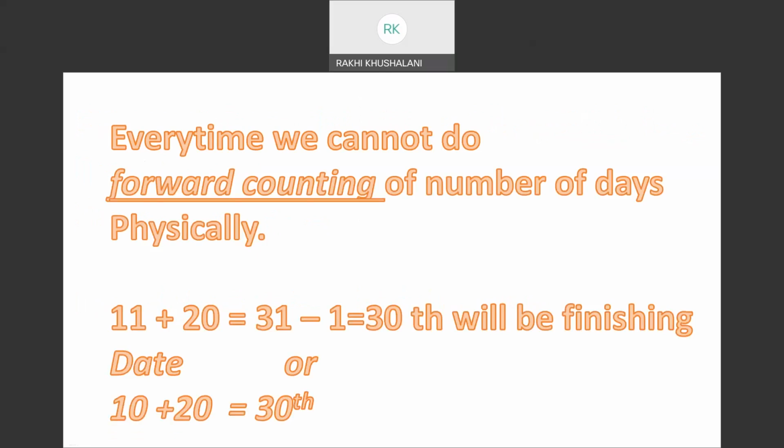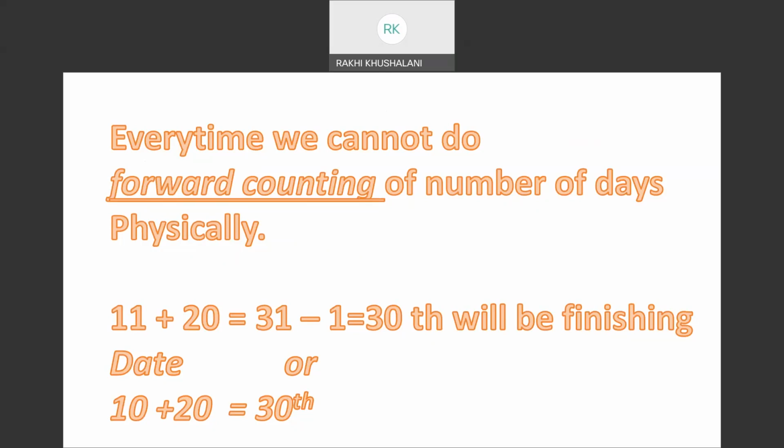So if I take the 11th date and add 20 days to it, I get 31 as the date, because the 11th is being repeated there. After the 11th you are adding another 20, whereas the 11th should be included in the 20 days. So we'll be finishing the date.